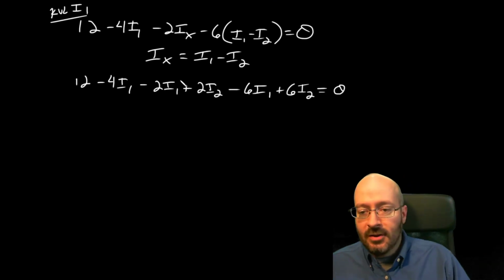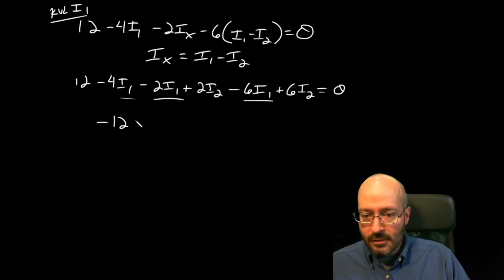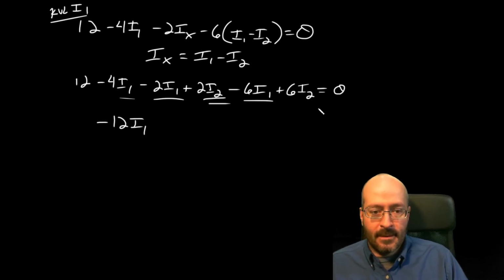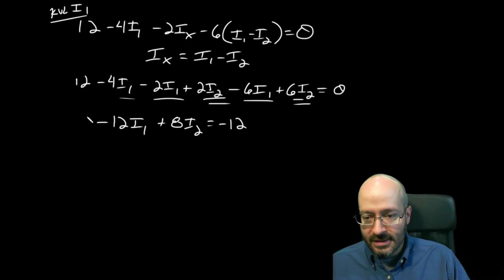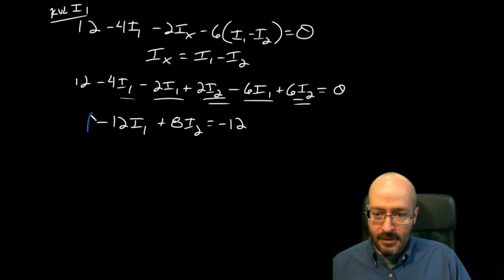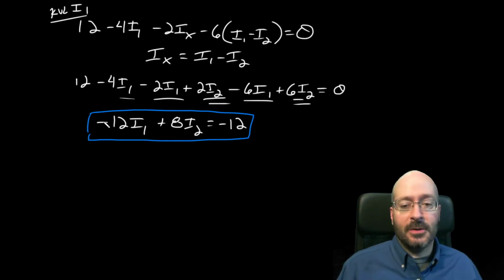Grouping like terms, we've got I1, I1, and I1, so it looks like negative 12I1 plus 8I2, and we bring the 12 over, so that's negative 12. There's our first equation as we try to find I short circuit.